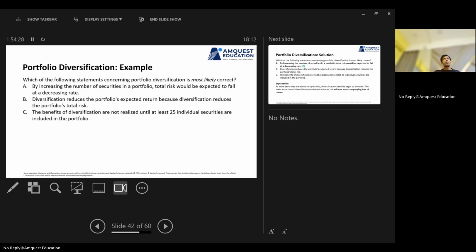So increasing securities reduces risk. Which option? A, B, or C? Okay. Total risk will fall at a decreasing rate by higher number of securities.